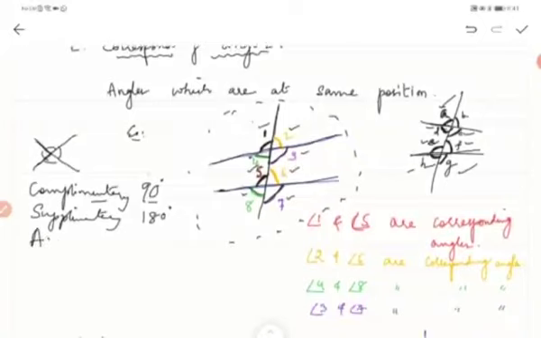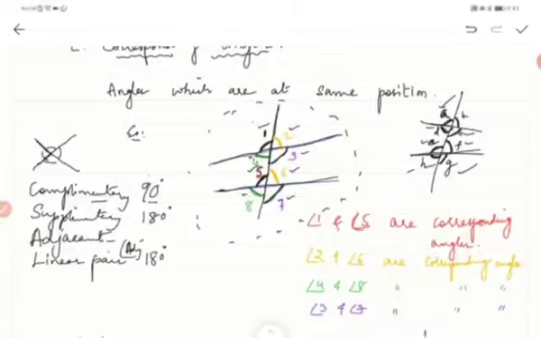After that we studied adjacent angles. After that we studied linear pair. Linear pair is what? Two adjacent angles whose sum is 180 degrees, then you say they form a linear pair. After adjacent we studied vertically opposite angles, isn't it?